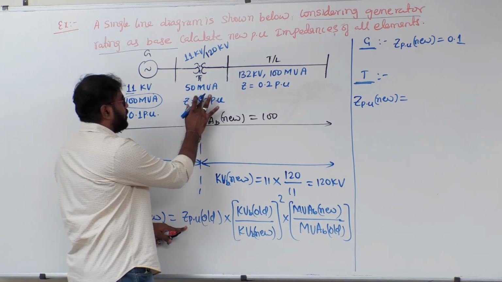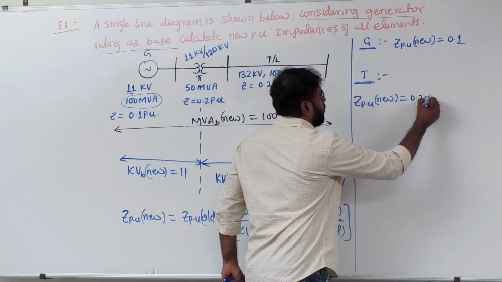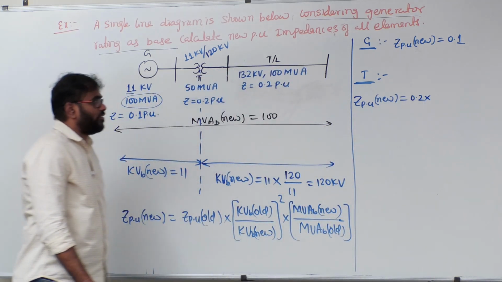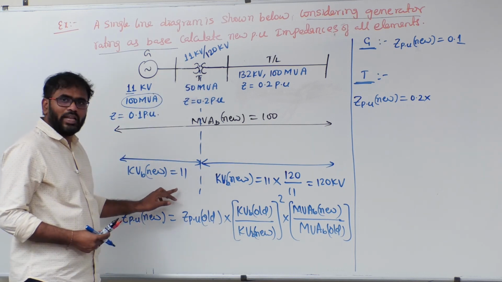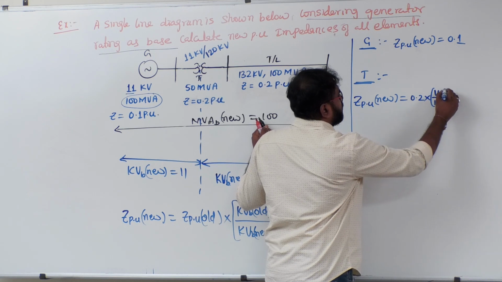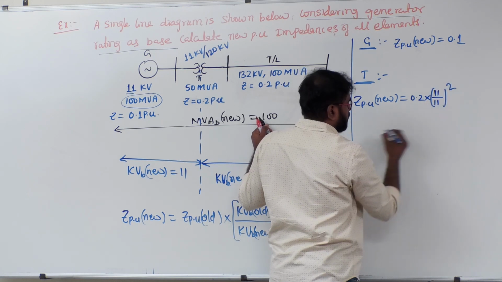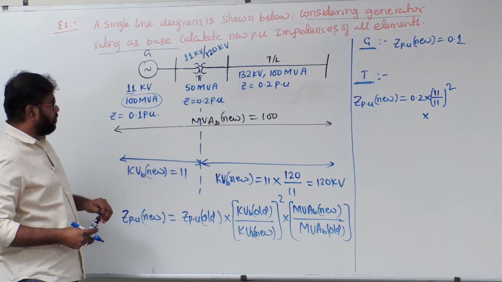What is Z per unit old? 0.2, multiplied by kVB old, 11, over kVB new, also 11 on the primary side. Then multiplied by MVAB new by MVAB old. What is MVAB new?